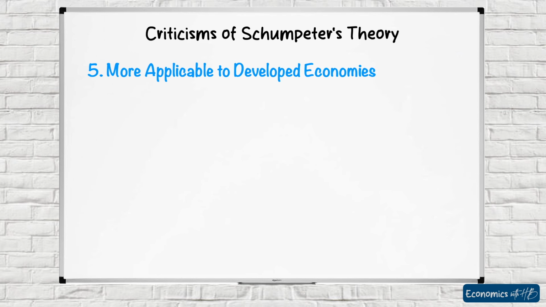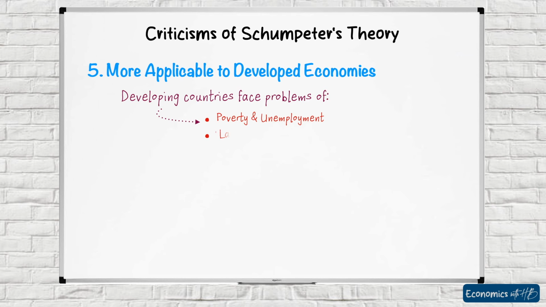His analysis was based largely on industrialized capitalist economies. Developing countries, on the other hand, often face problems such as poverty, unemployment, lack of capital, low technological capabilities, etc. Therefore, innovation may not be the immediate engine of growth in such economies.